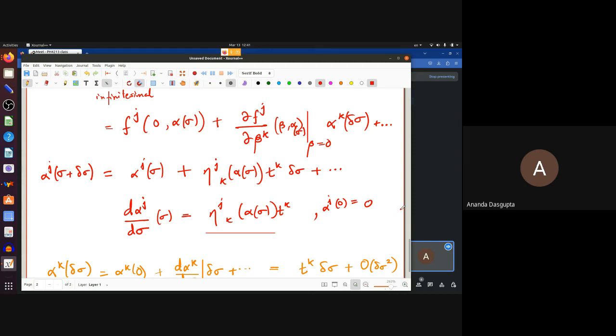But do we still have to check something after doing this? That is, first of all, solving this may be very difficult. Eta j may be horribly complicated functions. And so this will be a bunch of nonlinear differential equations which may be difficult to solve. But let's say I grant you that these are difficult to solve.